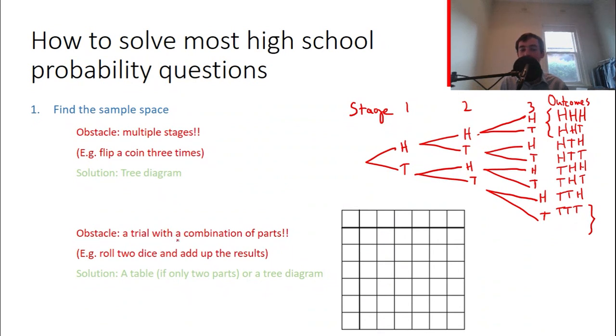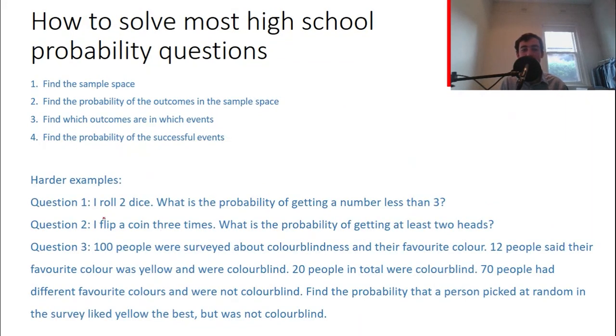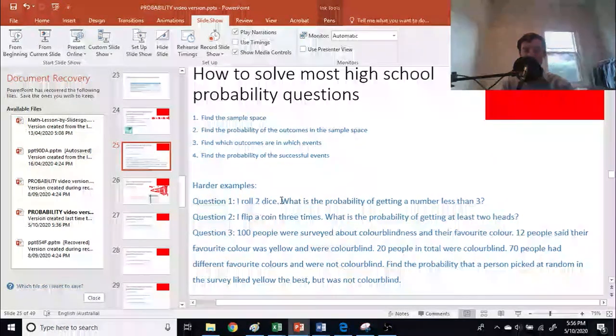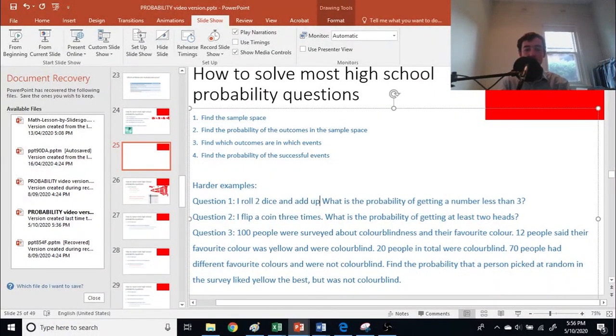there's also another problem that you could have if you have a trial with a combination of parts. What I mean by that is, in question 1, we've got 2 dice, and you're rolling both of them. You're not just rolling one dice, you're rolling both of them, and you add up the numbers.